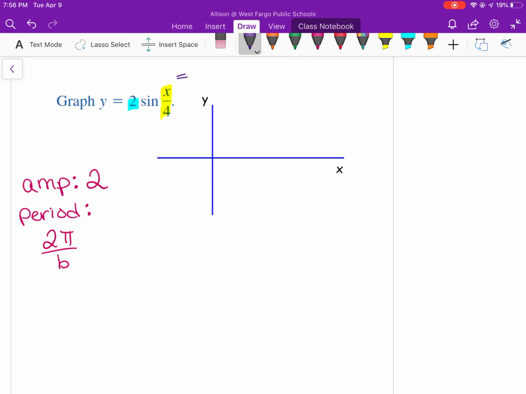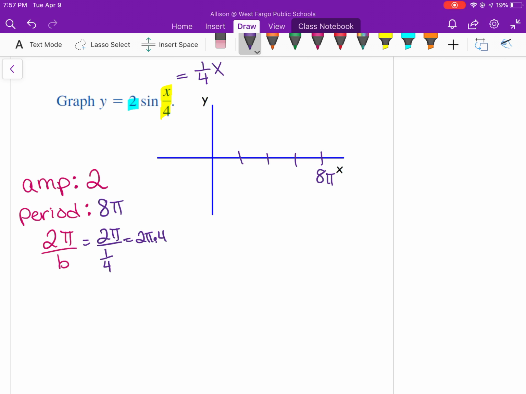And then remember that x divided by 4 is the same thing as 1/4 times x. So b is 1/4. So I'm going to do 2 pi divided by 1/4. So again, 2 pi multiplied by the reciprocal, 2 pi times 4 over 1 is going to be 8 pi. So my period will be 8 pi, which means when I divide this into fours, I'm going to end with 8 pi.